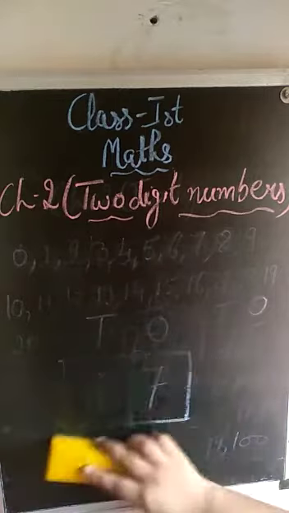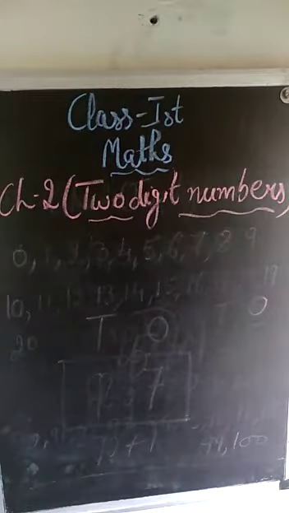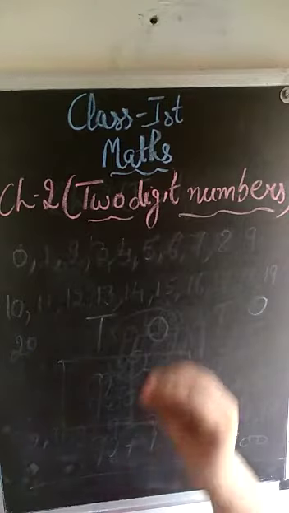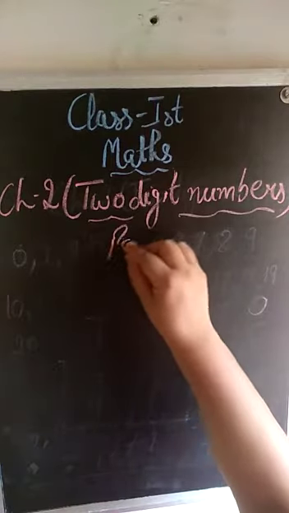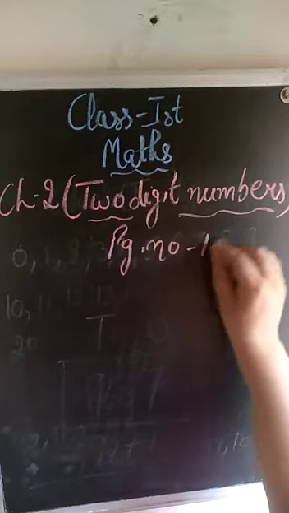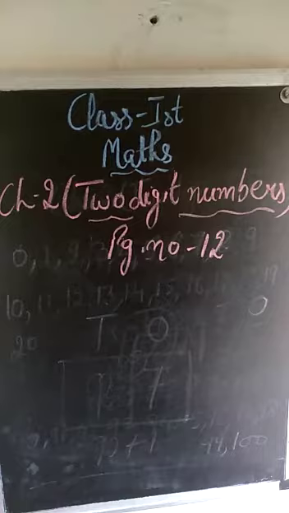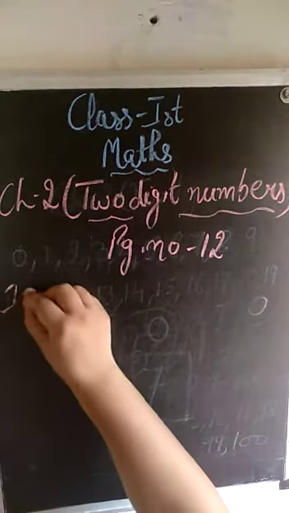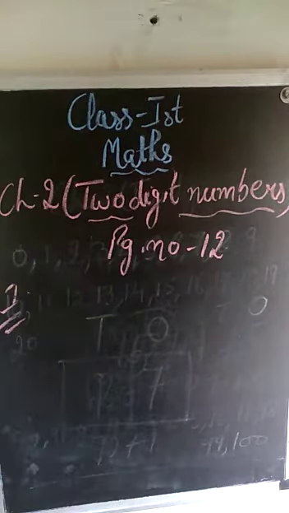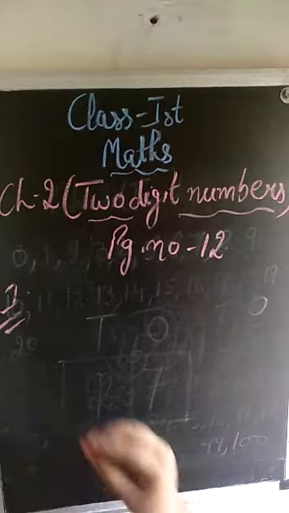Now come to your book at page number 12. Page number 12. The first question is: write the place value of each encircled digit. The first two sums have already been done, so I am starting with the third one.